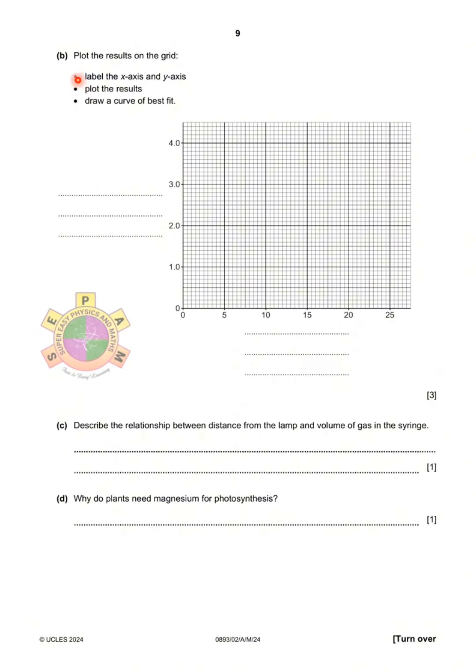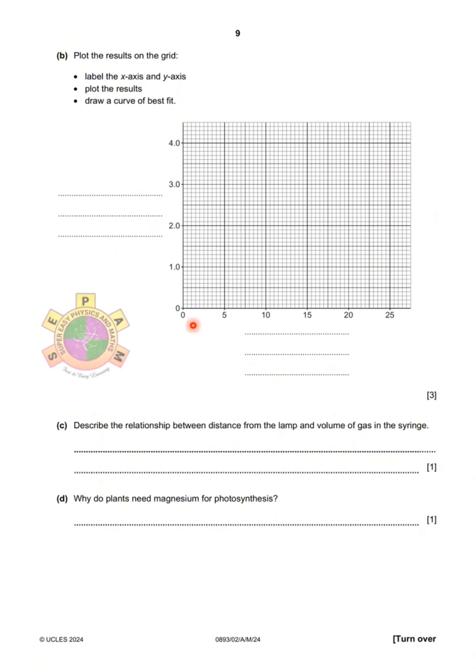Now, plot the graph on this grid. So label the axes. In this experiment there are two things we call the dependent and independent variable. The distance was what she varied.